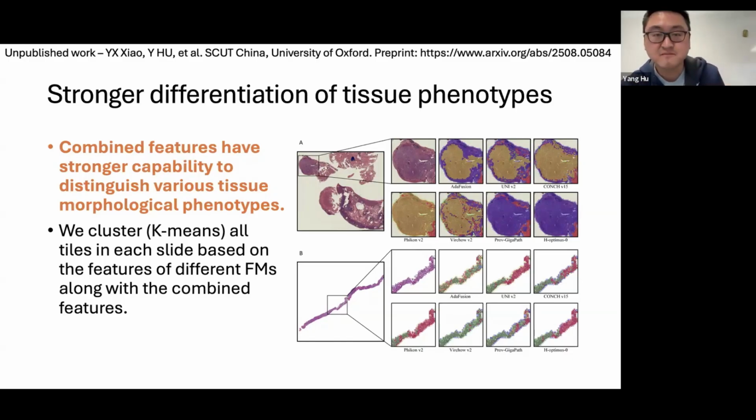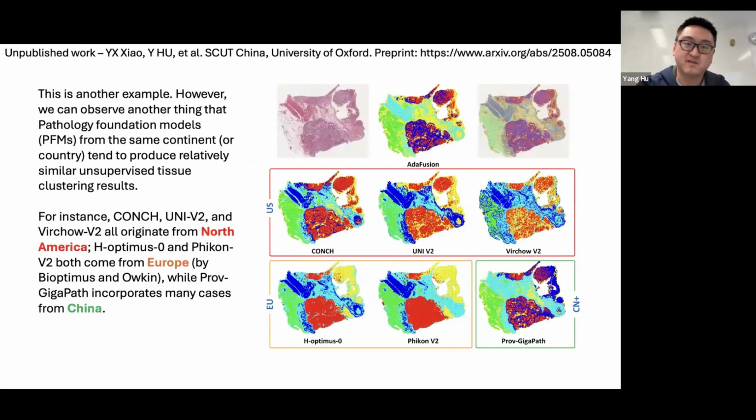We find that the combined feature can distinguish the different phenotypes more sensitively than the original foundation models. We can show another example here.